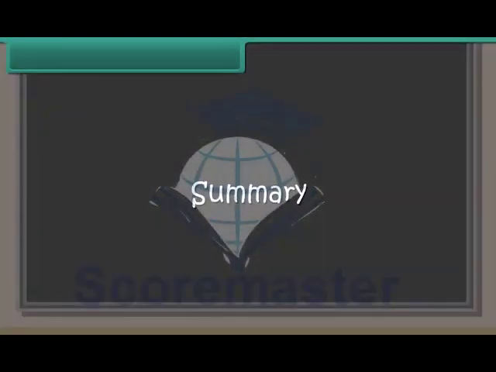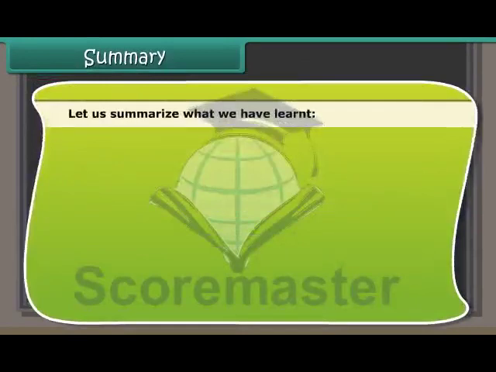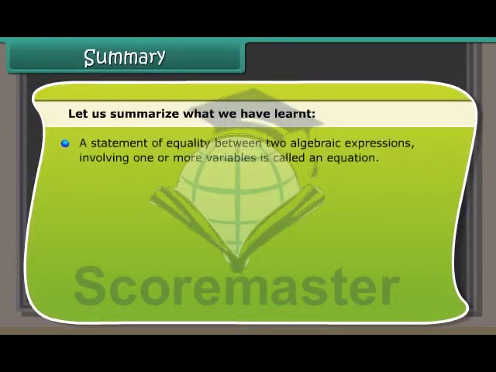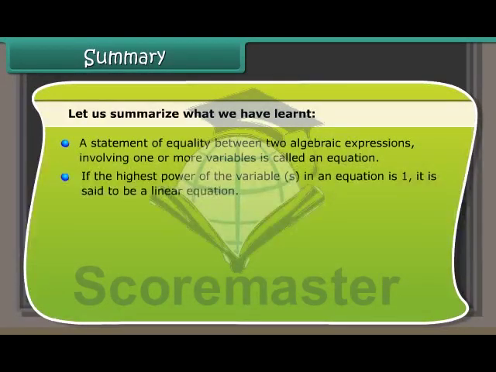Summary. Let us summarize what we have learned. A statement of equality between two algebraic expressions involving one or more variables is called an equation. If the highest power of the variables in an equation is 1, it is said to be a linear equation.